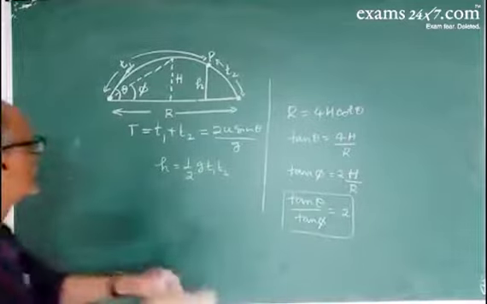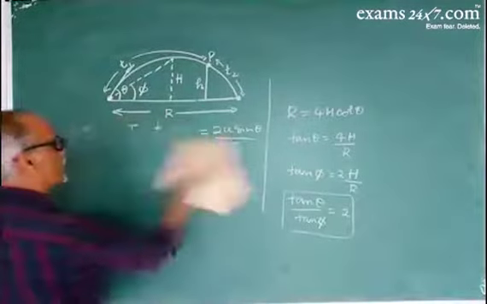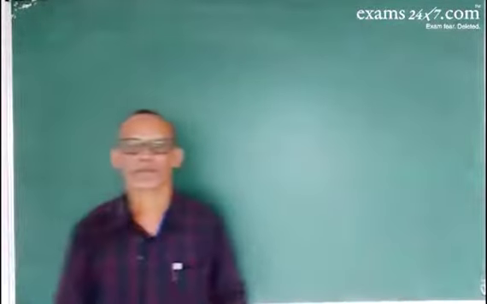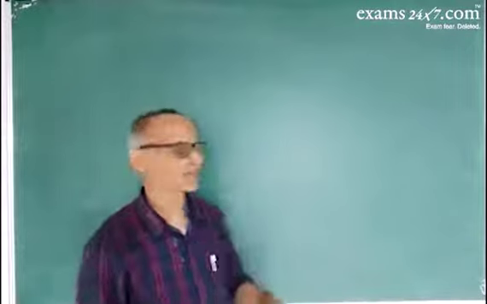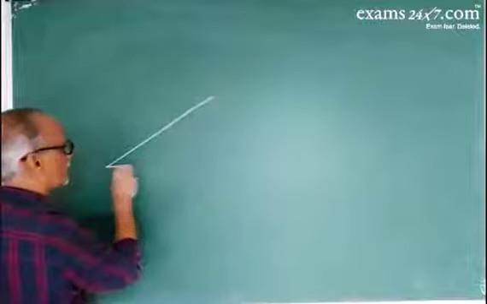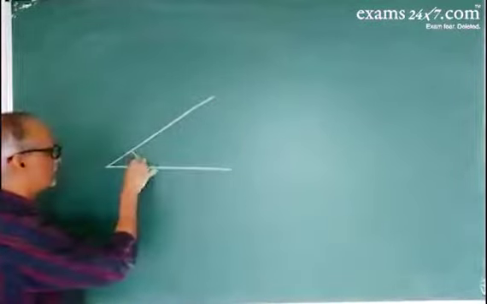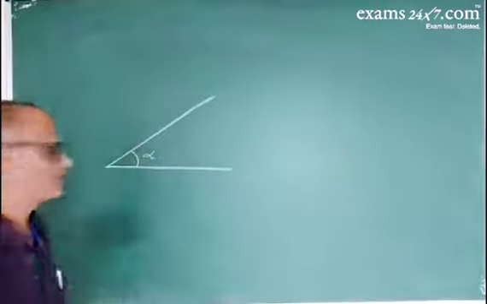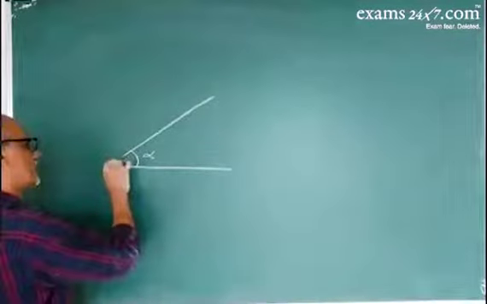So I'm going to consider one more case related to the projectile. All these equations that we have discussed are for a projectile projected on a horizontal plane. Now what if there is an inclined plane of angle alpha, and a projectile is projected on the inclined plane?